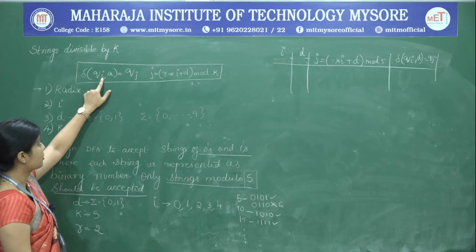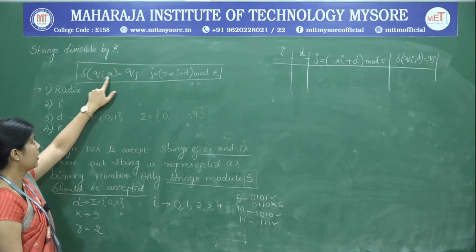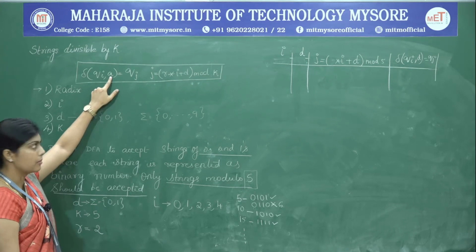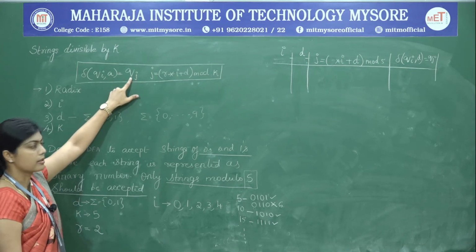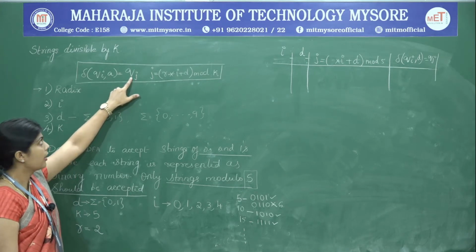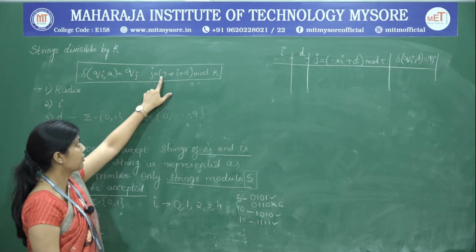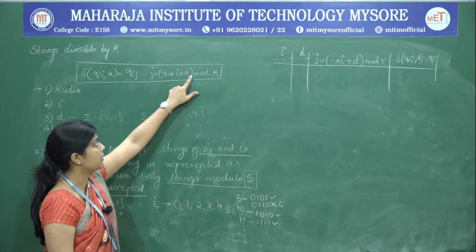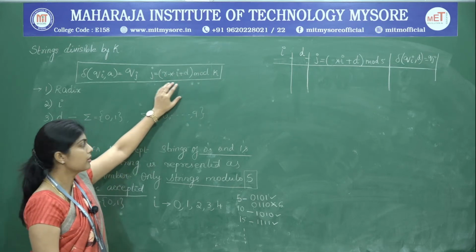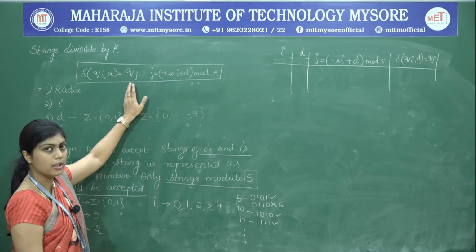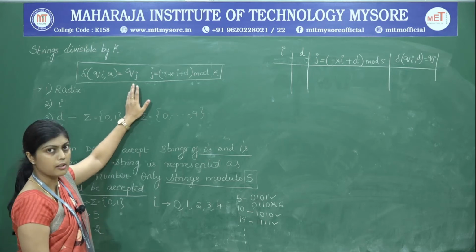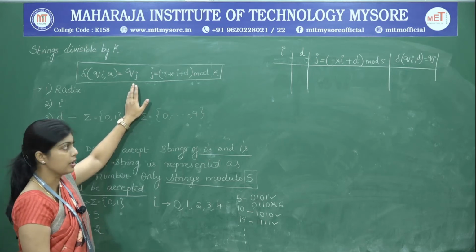So Qi has to be treated as the source state, a is some input symbol, and Qj is nothing but the destination state. In order to determine the number of this destination state, we have this relation (R multiplied by i plus d) mod k. So we have to evaluate this in order to get the number of the destination state that we have to reach on a particular input.